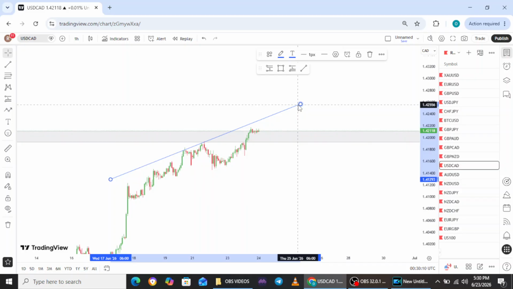So if you are buying here, it is not safe. You cannot be buying from a resistance, whether a trend line resistance, a vertical resistance or a horizontal resistance. If you put this trend line here, this automatically is resistance.